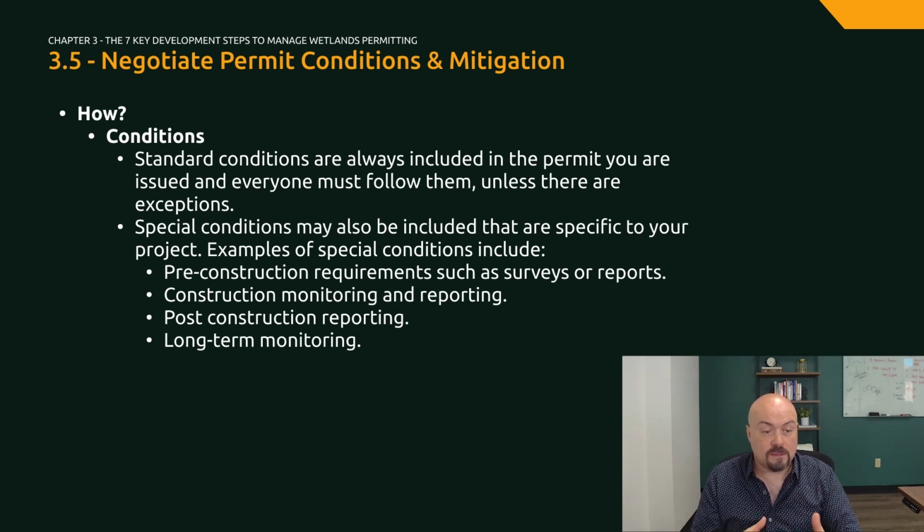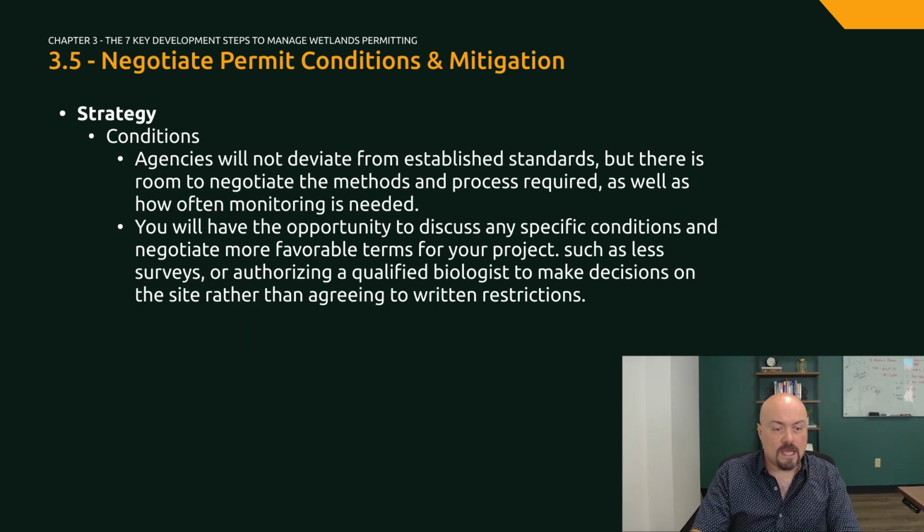Some examples of special conditions include pre-construction requirements such as biological surveys and reports, construction monitoring and reporting by a qualified biologist or an environmental professional as you are completing the work, post-construction reporting after the work is completed, and long-term monitoring for projects that include restoration components or some other aspect that agencies need to monitor as part of your mitigation. Agencies will not deviate from established standards, but there's usually room to negotiate the methods and process required, as well as how often monitoring is needed.